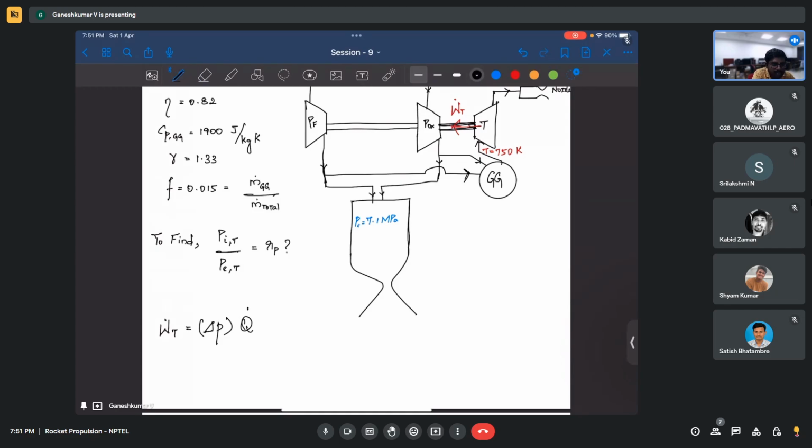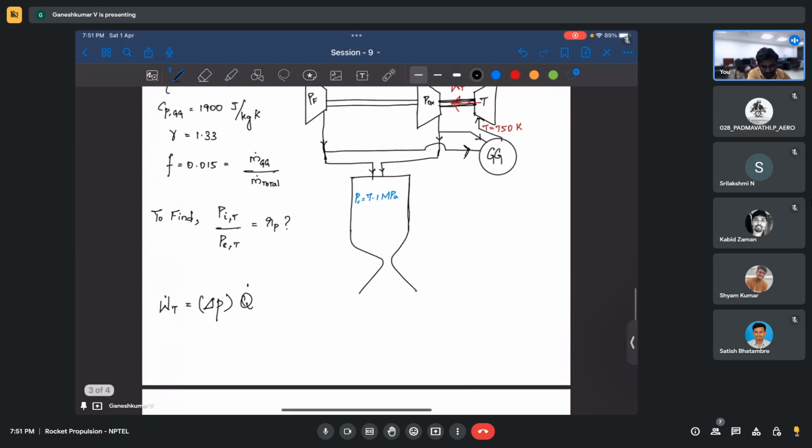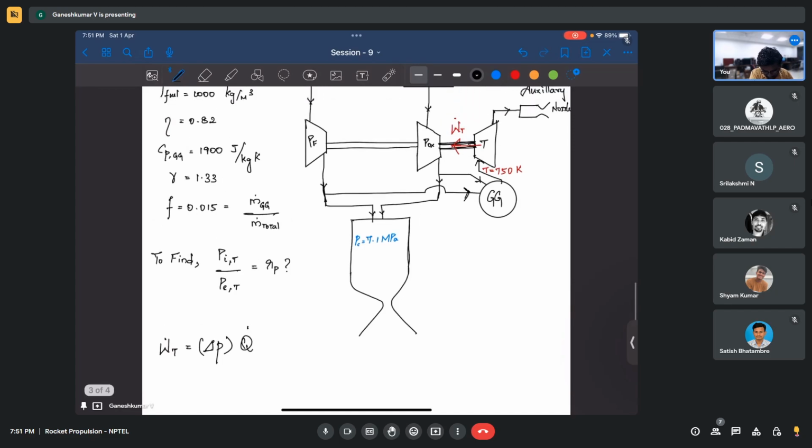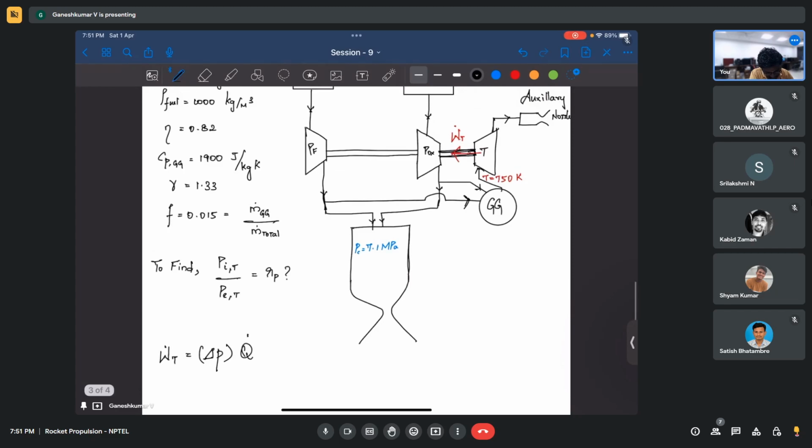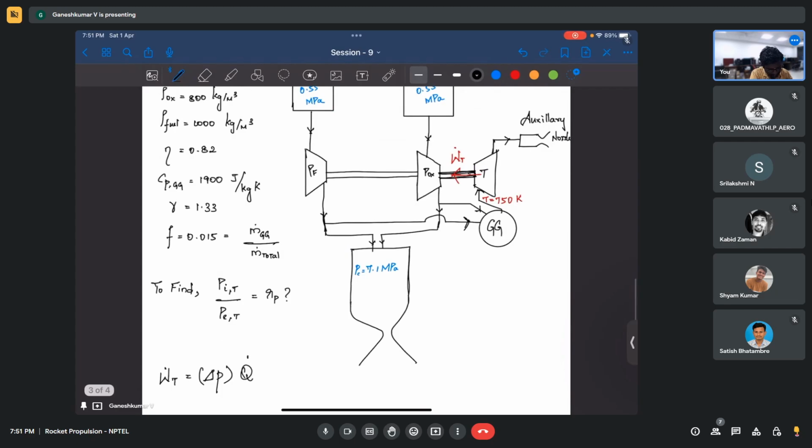Actually, professor already derived this relation in the class. I can give you the relation, but I do not want to because you need to understand how that relation came. Okay, so there is the efficiency associated with turbine, right?